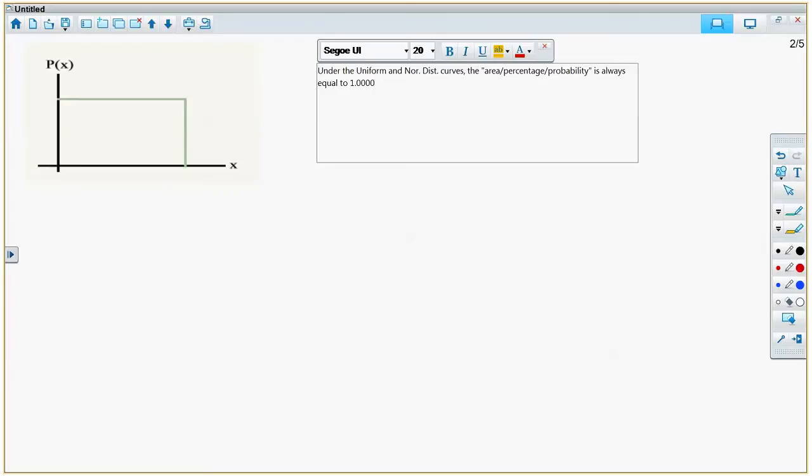Now I put 4 digits for a reason. 4 decimal places is usually equal to the area slash probability slash percentage.